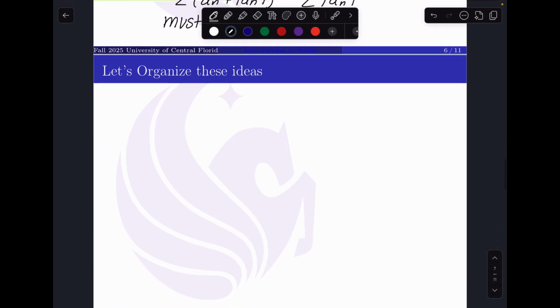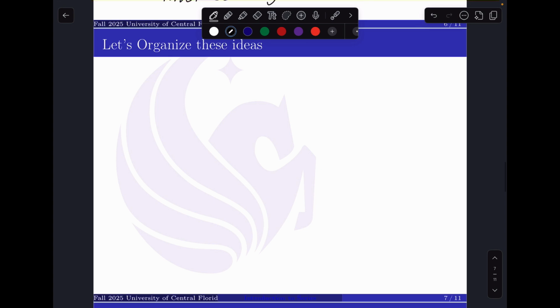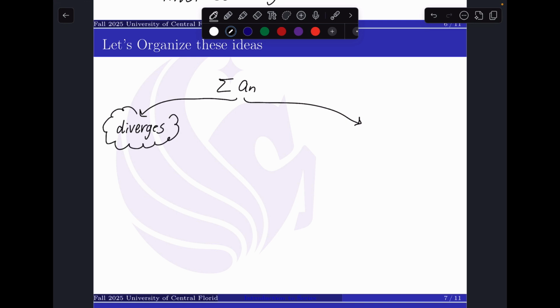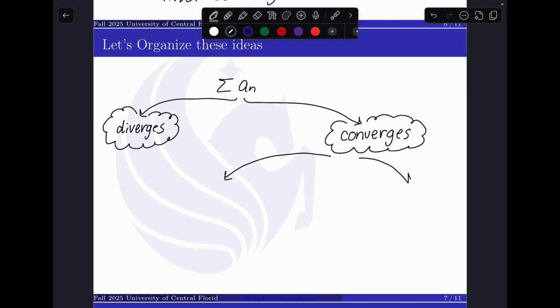All right, let's just organize these ideas for a second. So I have the series a sub n. Now, two things might happen. First thing, maybe the series a sub n diverges. And then we just say the series for a sub n diverges. Maybe the series for a sub n converges. And then we have two different things that could happen if the series for a sub n converges.